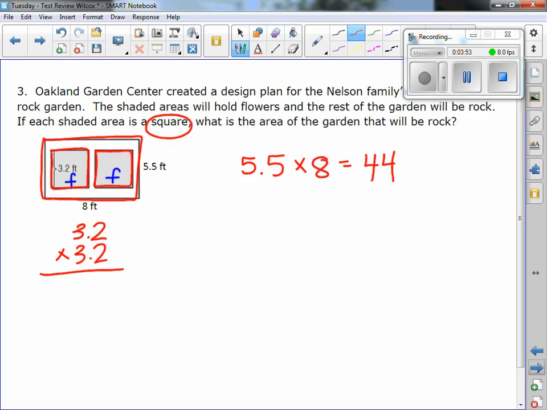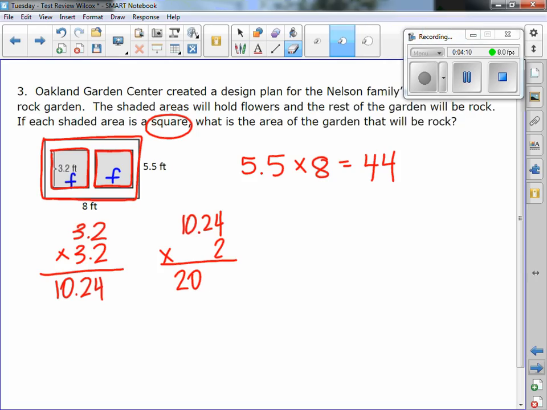When you multiply that out, you get a total of 10.24 for each of the flower sections. So since I have two of those, 10.24 times 2 is 20.48. So I know that 20.48 of my 44 total is going to be flowers.